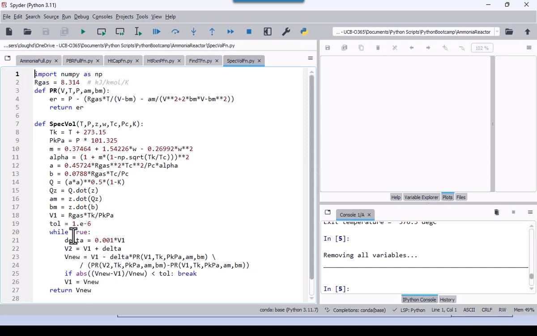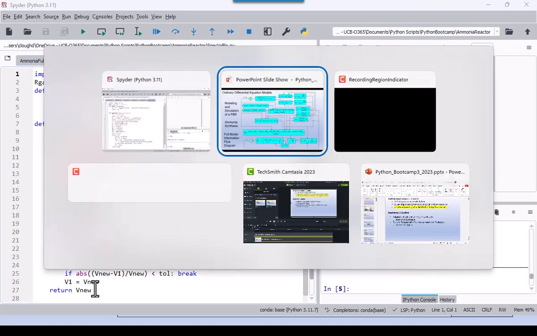Again, here we're using the delta as 0.001 times V1, and the loop will iterate until we satisfy the tolerance requirement. So that gets our specific volume.